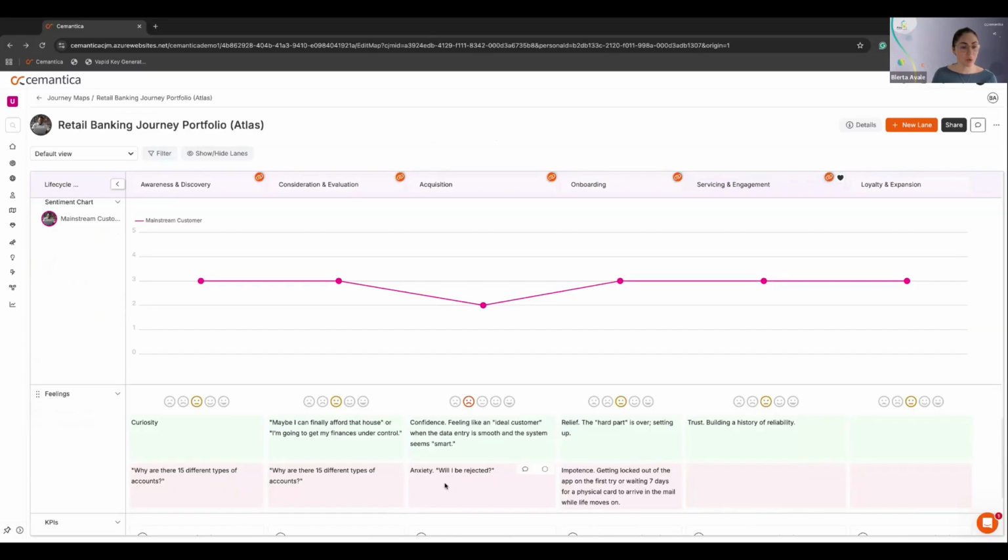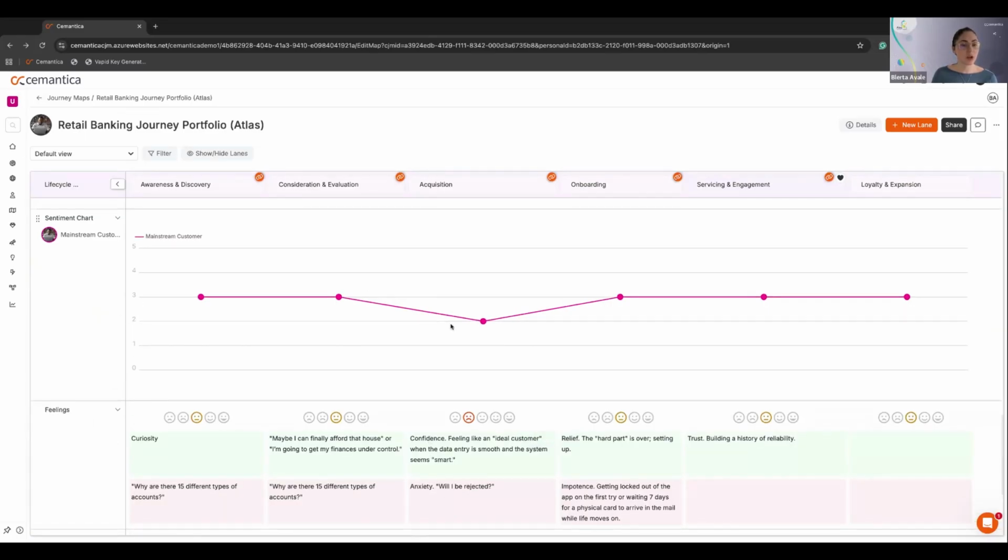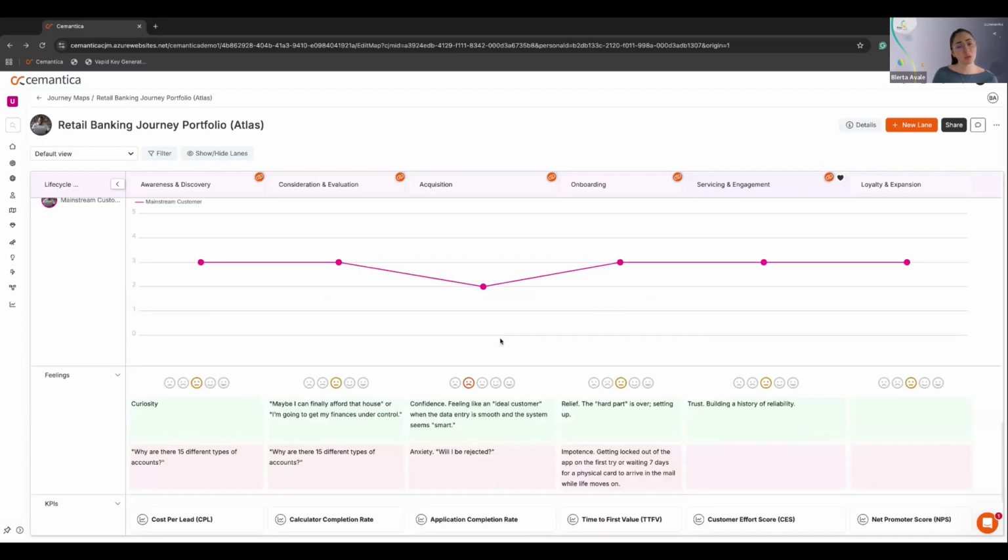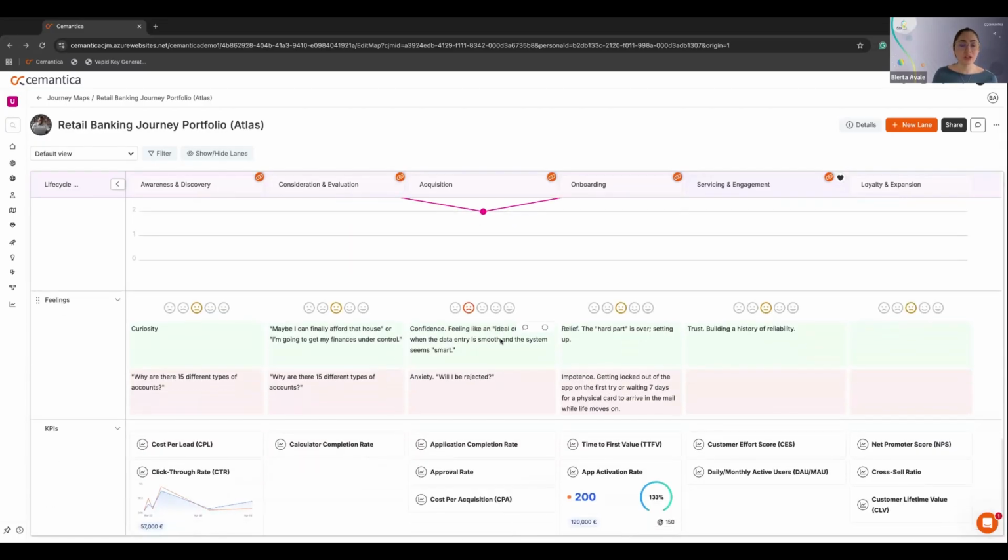You can include that as well and see how it moves the sentiment chart. So you can see how you are doing at certain stages of this journey portfolio. Like you see here, it's pretty normal, nothing crazy. Maybe this stage needs some attention, the acquisition stage. So maybe you want to work within those journeys to improve that specific stage.